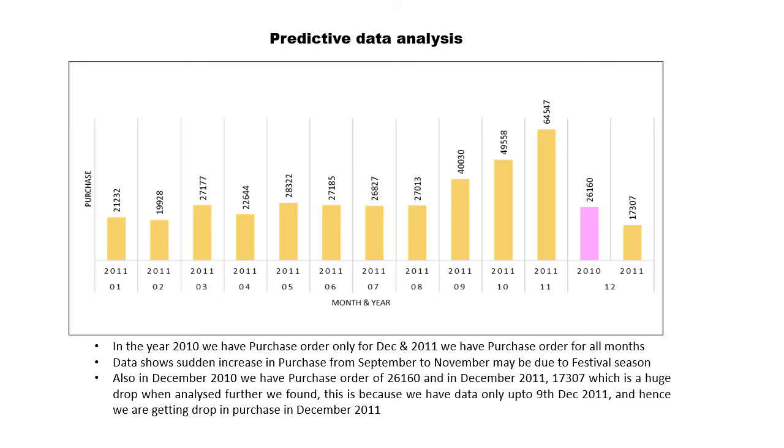They should focus on products which are in demand throughout the year. Only the seasonal business is strong. In festival seasons this company is getting more revenue, but in non-seasonal periods the sales are not performing well. We can see that here.